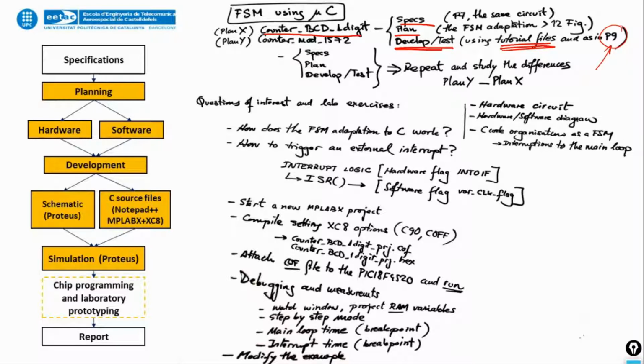The plan is, as you see here, the adaptation of the finite state machine. And this is a large plan and very detailed. This is what you will find there. And with more than 12, 13, 15 figures, and the specifications is the same as the P7.